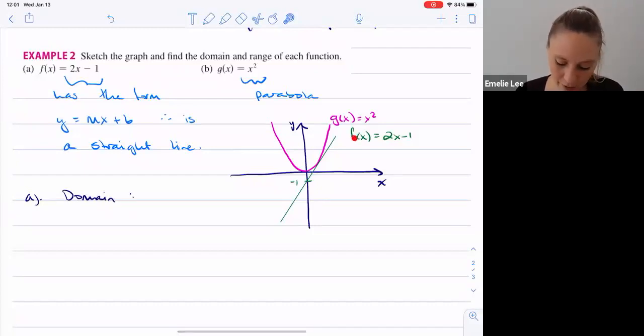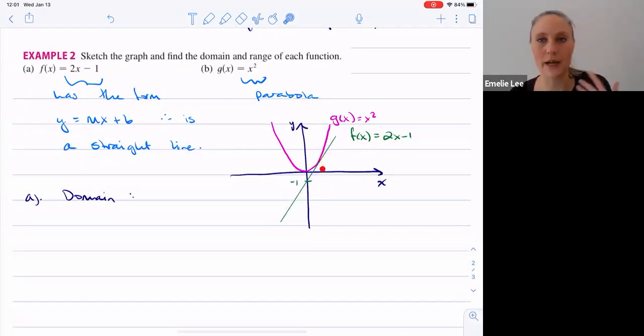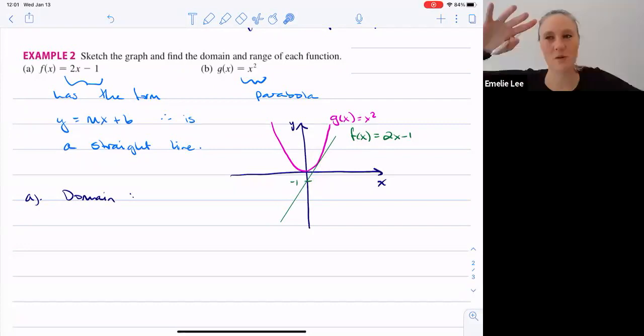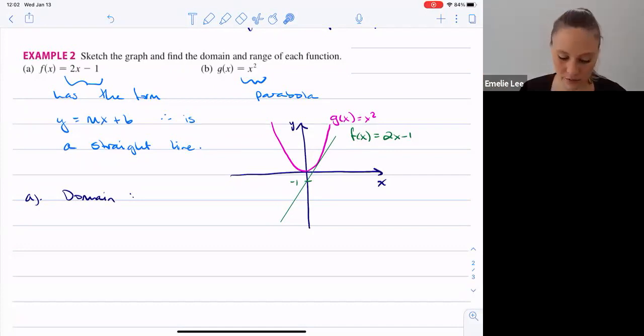So the domain for the straight line 2x minus 1, and you can get it from Desmos or from your own sketch, doesn't matter. This line keeps going and going, and eventually it'll span all the x's possible, right? So the set of real numbers from negative infinity to positive infinity.